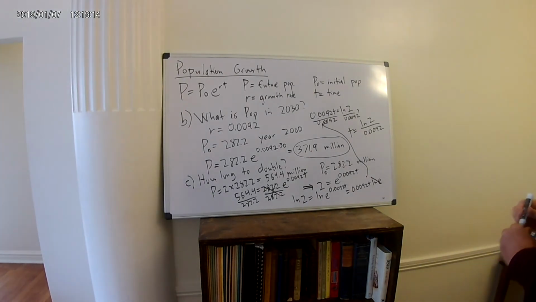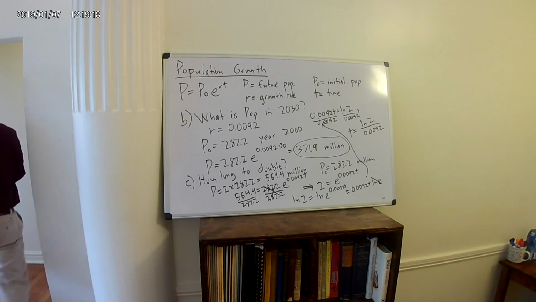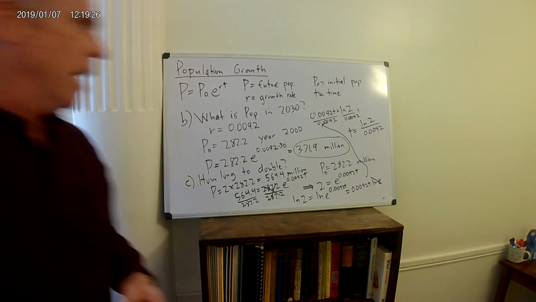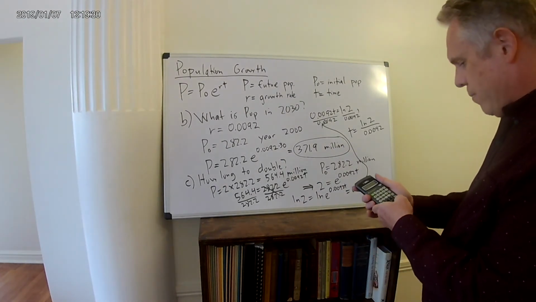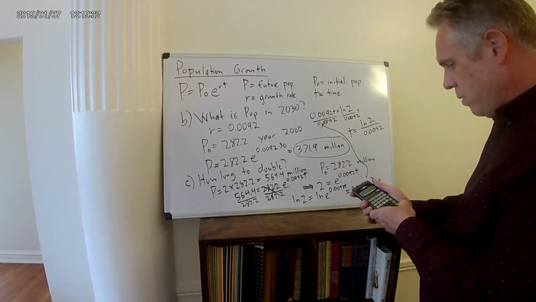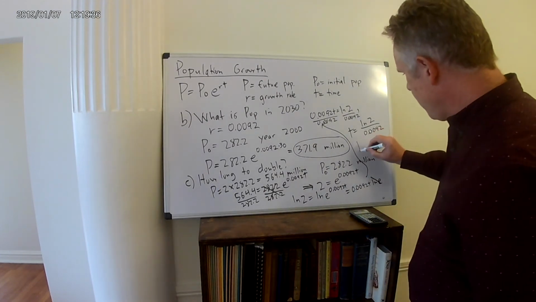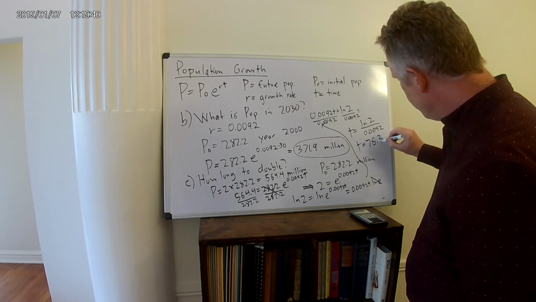And then I have to confess to you guys, I need to go grab a calculator. I'll be back in about 5 seconds. Okay, and if we plug this in, natural log of 2 divided by 0.0092, t comes out to 75.3 years.